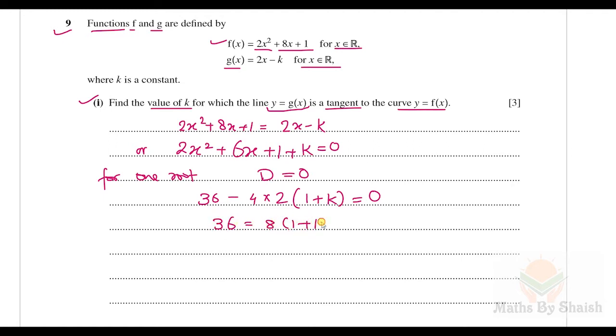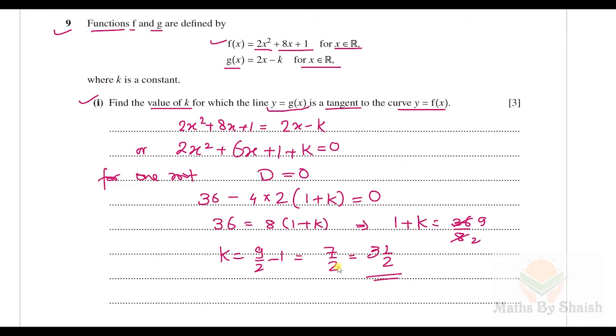From here 1 plus k is equal to 36 over 8, that is 9 over 2, and hence k is equal to 9 over 2 minus 1, that is 7 over 2, or 3 1 over 2. So the k value is 3 1 over 2, or we can write 3.5. So this is the k value for which this g(x) will be a tangent to y is equal to f(x). Let's do the next part of it.